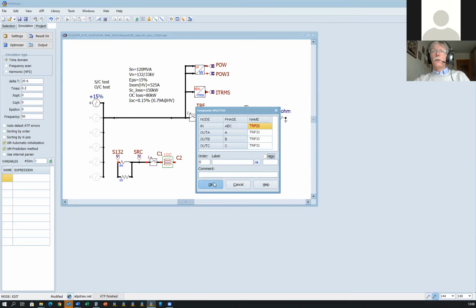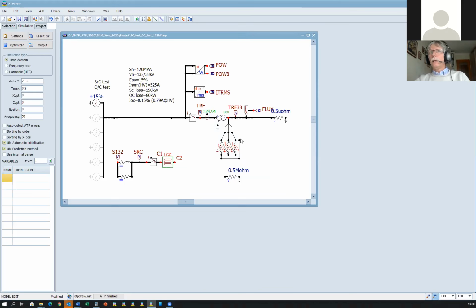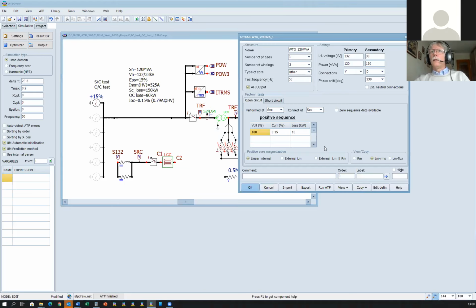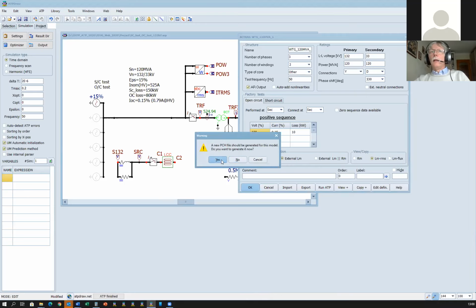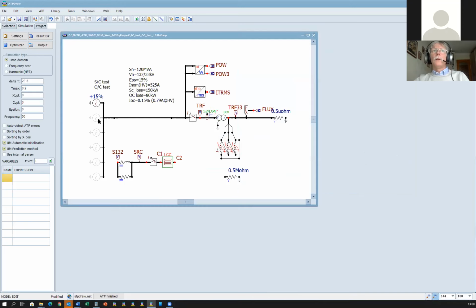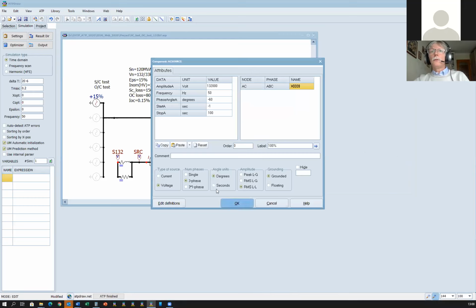Now you can switch on the nonlinear inductances. You can switch to external nonlinear modeling. And now, if you wish, you can reproduce this test.